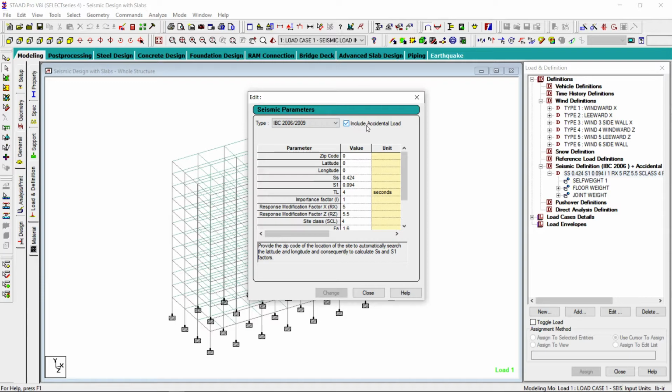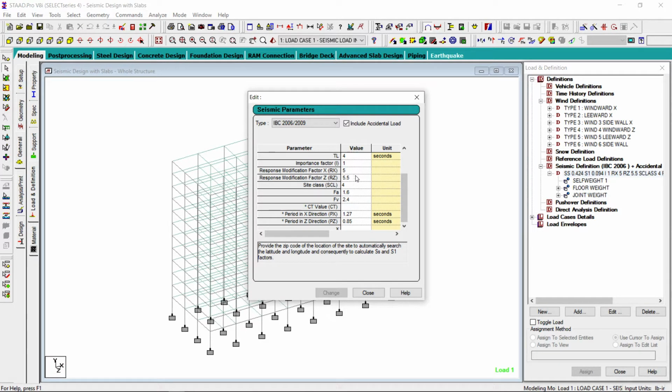I included the accidental load because this is in seismic category C. SS value is 0.424, S1 is 0.094, the long time period is 4, importance factor 1, response factor in X is 5, in Z it is 5.5, site class is D, FV and FA are given over there, and then the time period also.